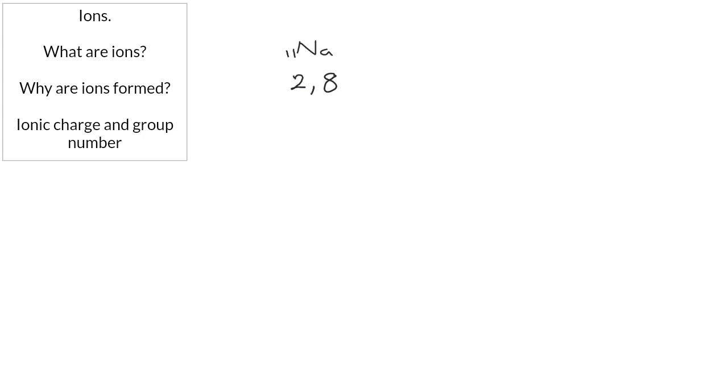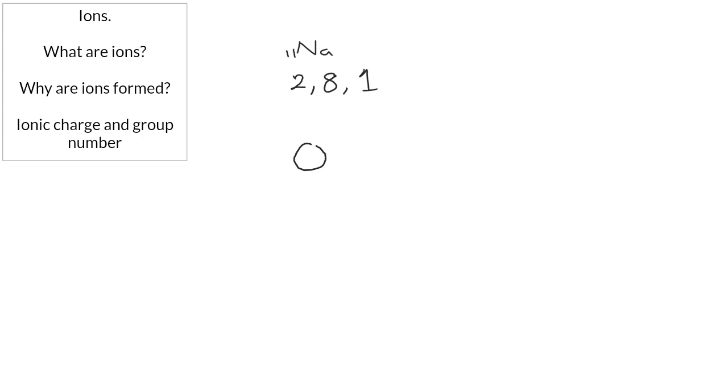So 2 plus 8 is 10. How many electrons are left? You have 1. The first shell is the only shell that takes a maximum of 2. The rest will take 8 afterwards. But here, because we only have 1 electron left, we just leave it at that. That's 1 electron.